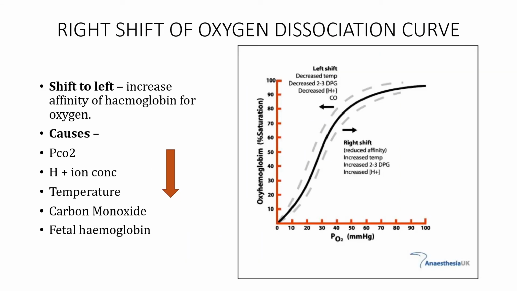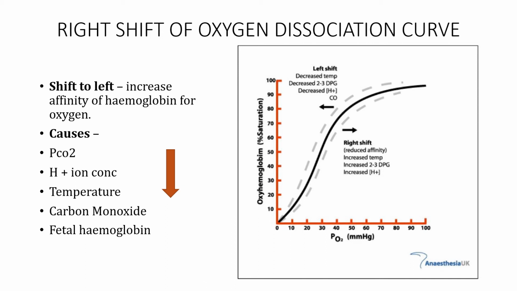Right shift of oxygen dissociation curve. Right shift and left shift. First we will discuss left shift. Left shift increases the affinity of oxygen. Left shift means you are plotting the graph and it shifts towards your left hand side.